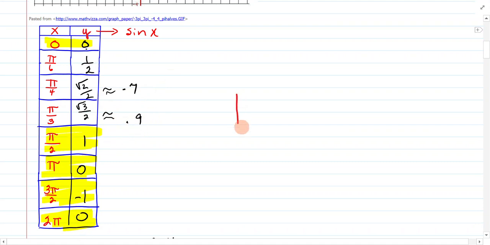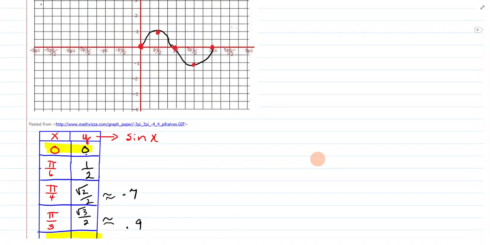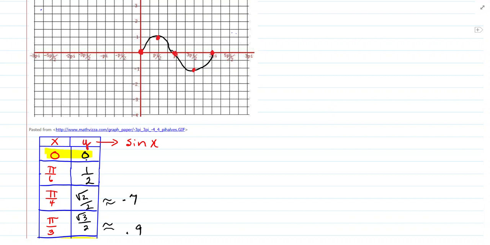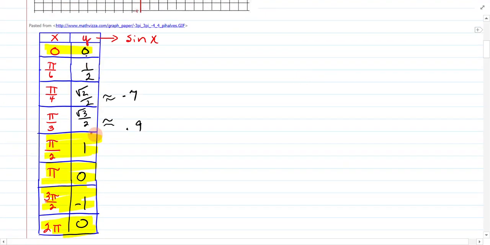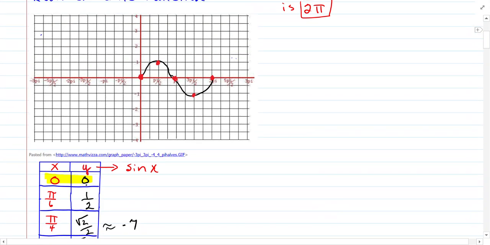If you plotted those points, let's just do 0, 0, and then pi over 2. Let me go back and show you. If we just do these yellow ones, pi over 2 is 1, and then pi is back at 0, 3 pi over 2 is -1, and then we're back here.